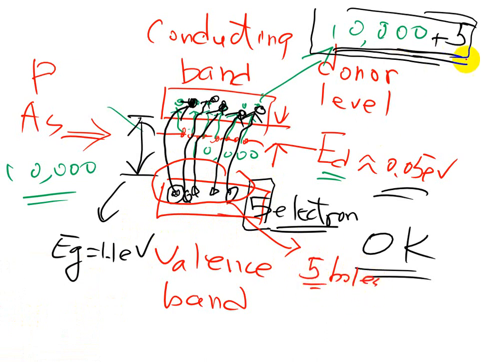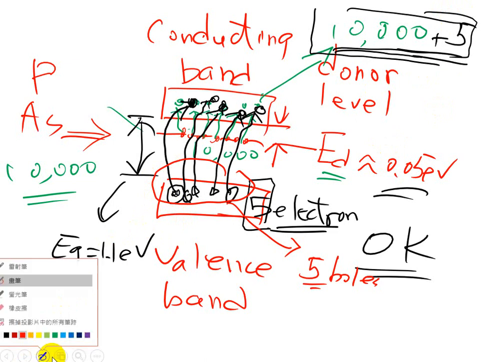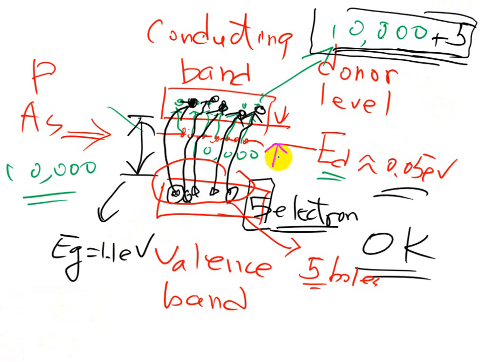So you always have primary charged particles and secondary charged particles. In this N-type semiconductor, the primary charged particle will be electron.